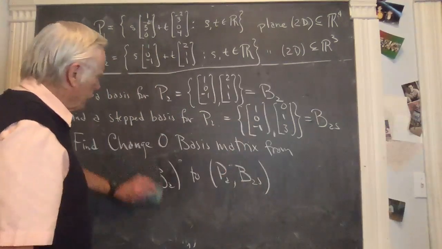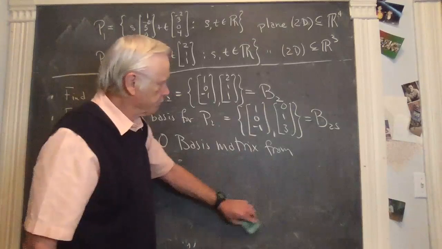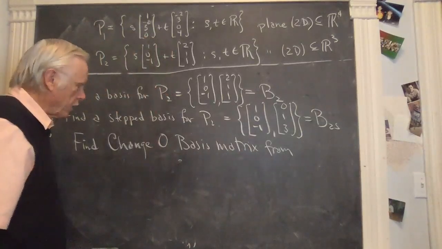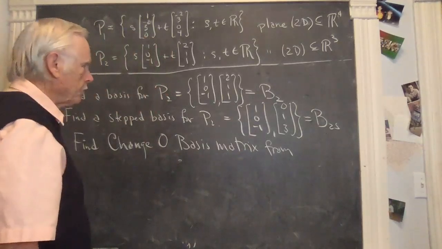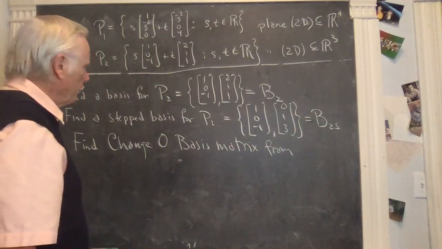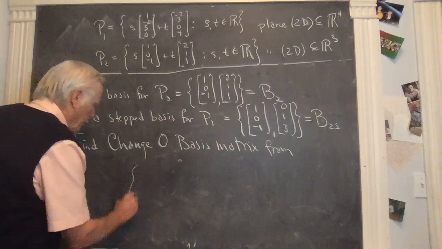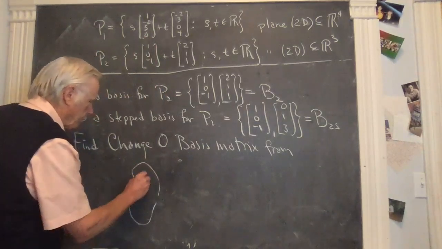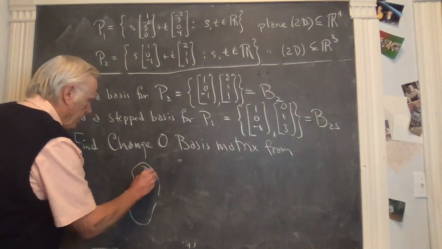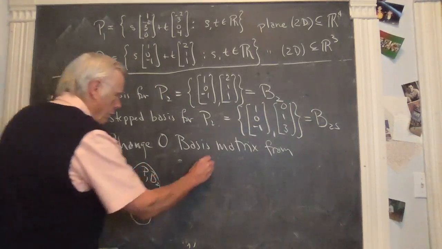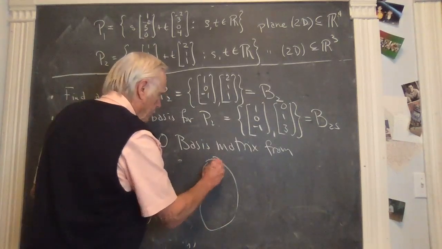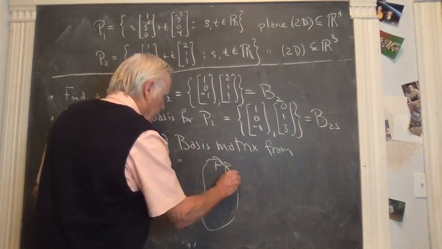So I think we've got enough space to do that, or at least to tell you how to do it. So what you want to do is the matrix consists of, well, let's write a blob diagram here. Even though these are planes, I'm going to call this P with basis B2. And over here, P with basis B2S.